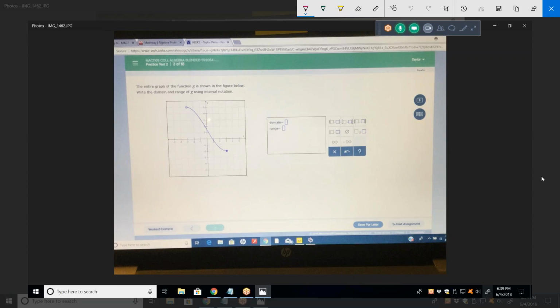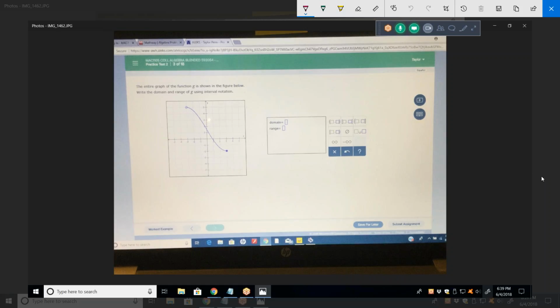The entire graph of function g is shown in the figure below. Write the domain and range of g using interval notation. Okay, so the domain, get your eyes looking left to right. What's the domain go from? And tell me whether it's parentheses or brackets.